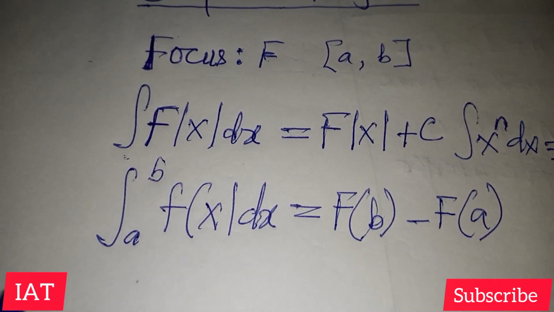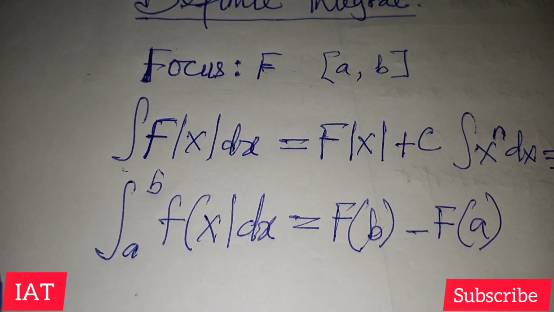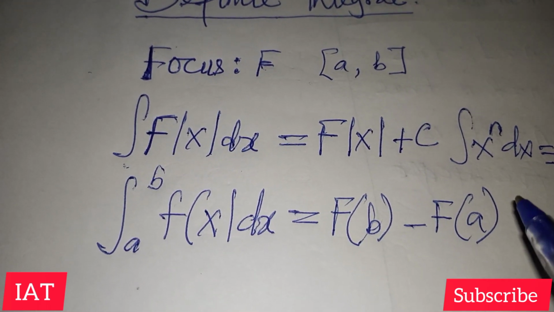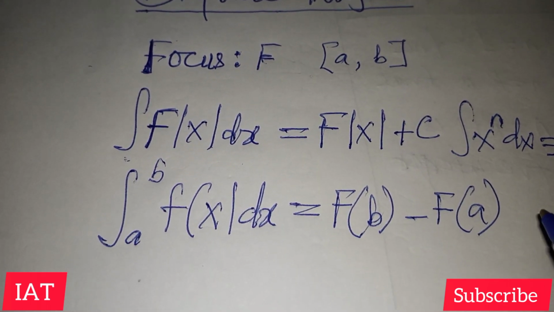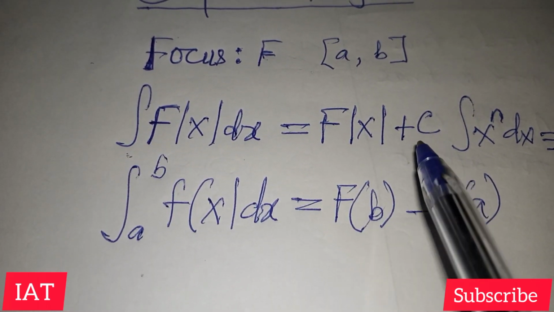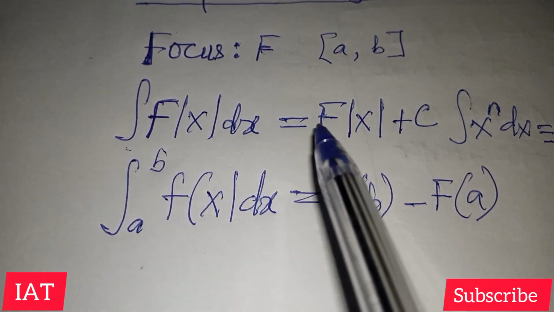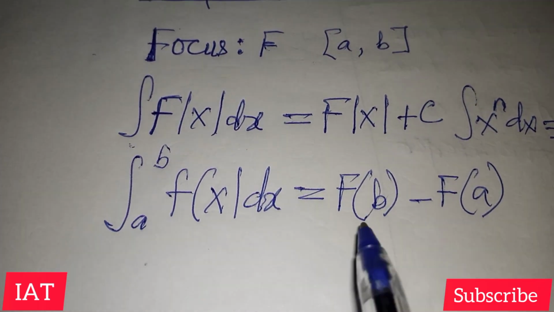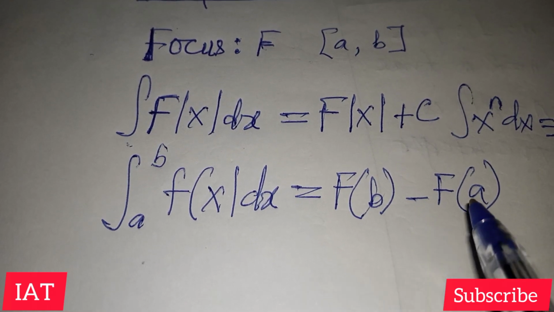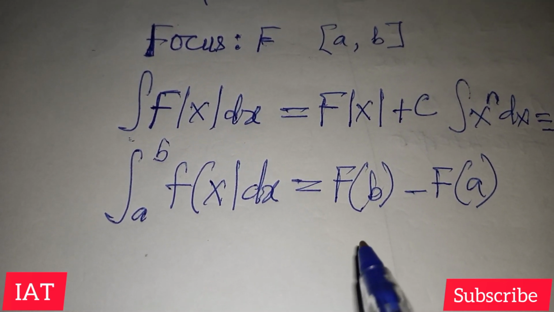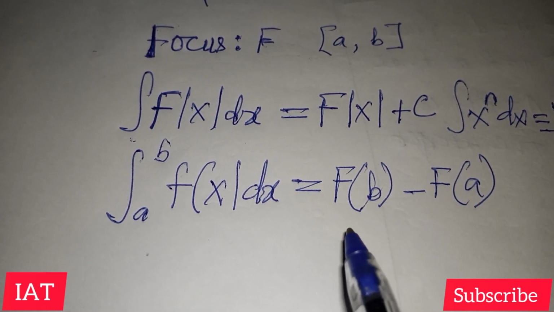So notice for this definite integral, we did not add constant c because it's not necessary. For the indefinite, we added constant c because after you integrate any function, you must add constant c. That doesn't mean we can't add constant c on this. We can, but then it will always cancel out. Maybe when we start solving problems, we can demonstrate what exactly I'm talking about.